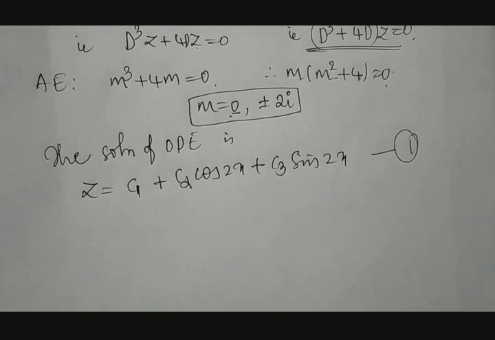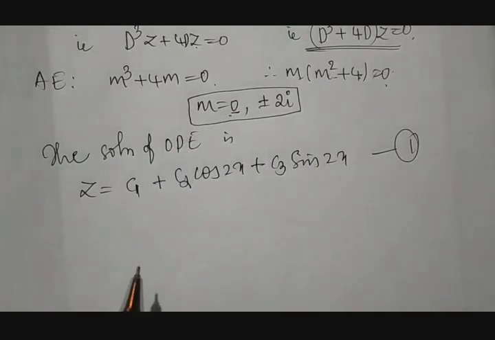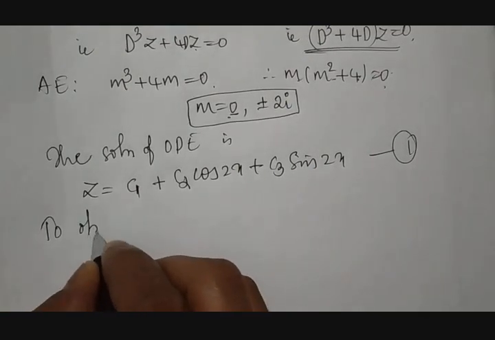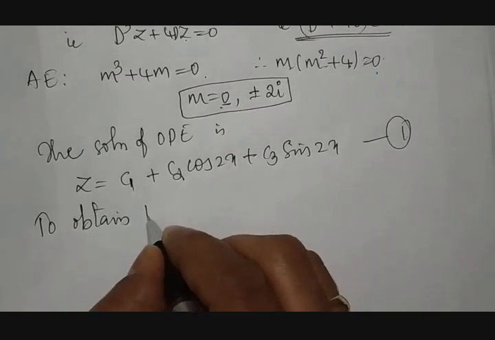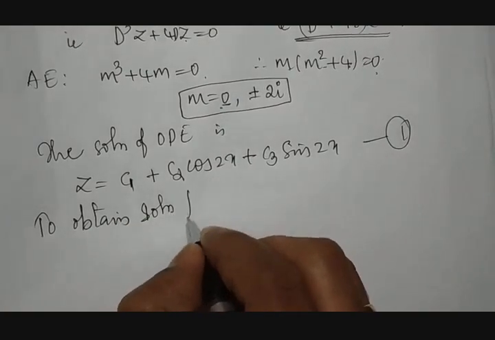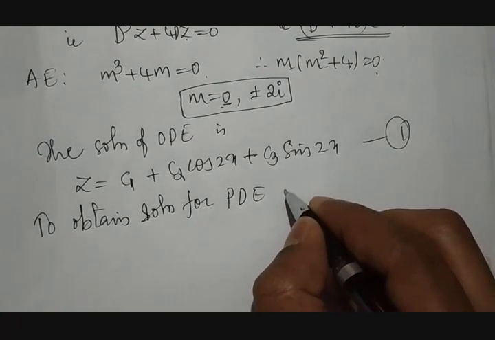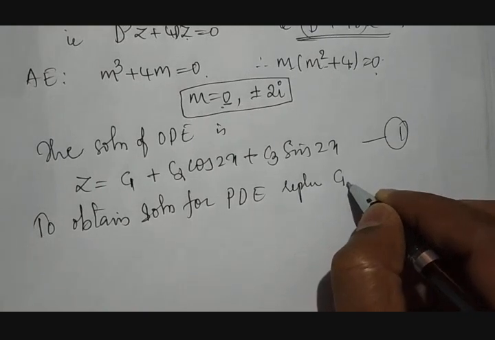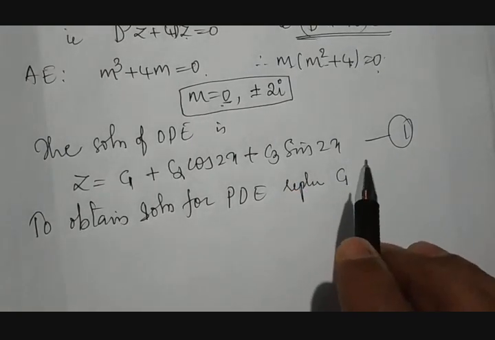But it represents a solution of an ordinary differential equation, not a partial differential equation. To obtain the solution for the partial differential equation, we need to replace C1, C2, C3 by functions of something.